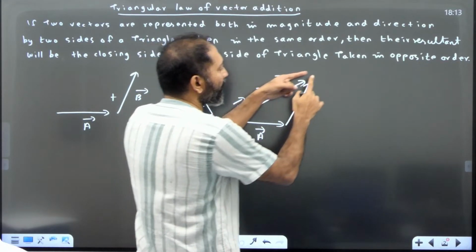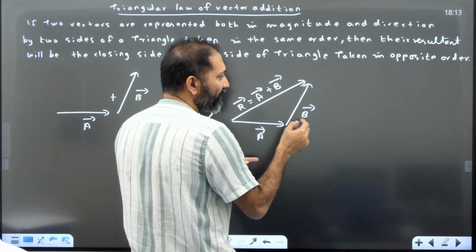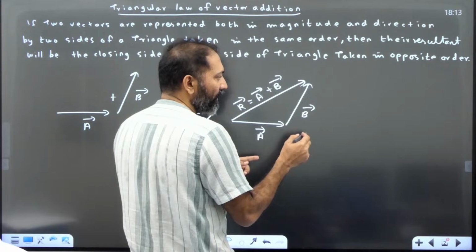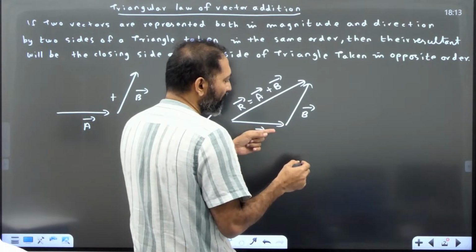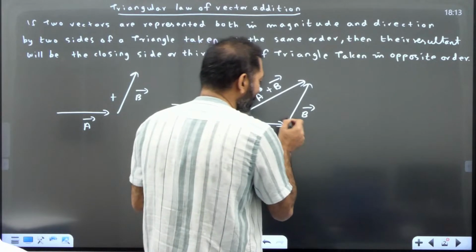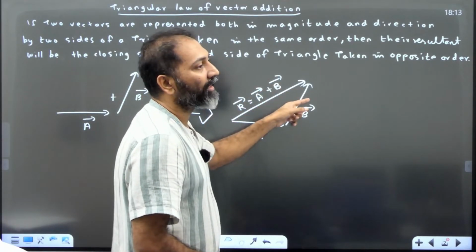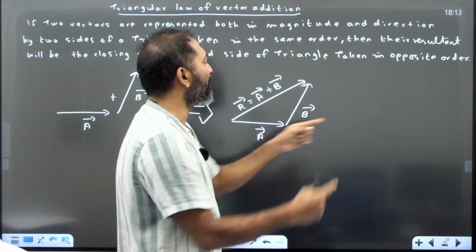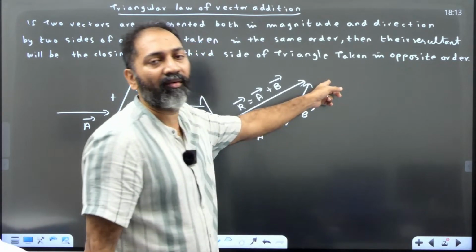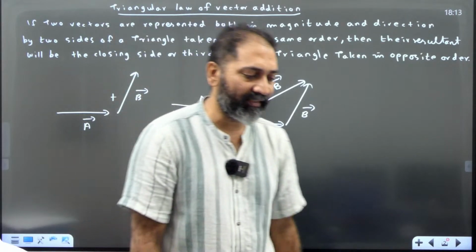Because two heads are coming together. Same order means one vector's head is connected to the other vector's tail. But the resultant is the third side of the triangle taken in opposite order because two heads are joining. So it is called opposite order. This is the triangular law of vector addition.